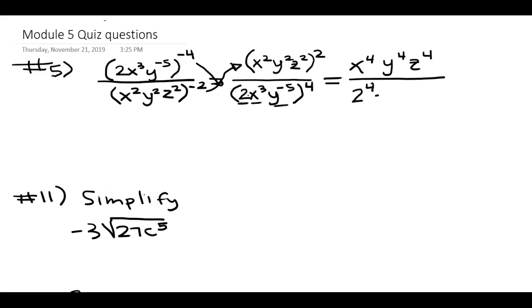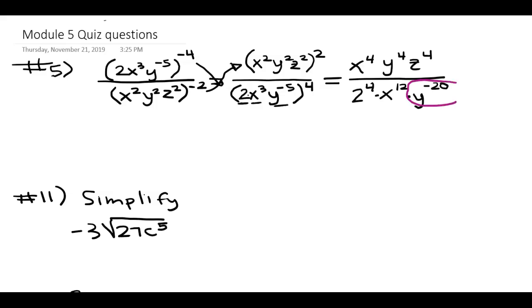And then x to the third to the fourth, power raised to a power, we multiply those, so that would be x to the 12th. And then the same thing with the y, but this time it's a negative 5 times 4, so y to the negative 20th.